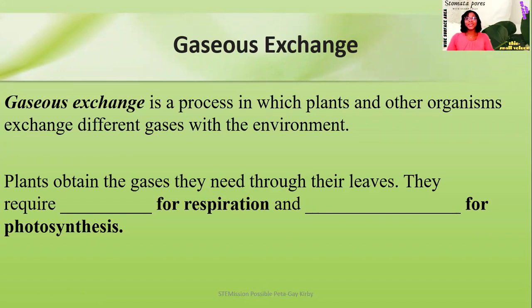Let us check your understanding. What did you place in these? What were your suggestions for these spaces? Did you put oxygen? Yes, they require oxygen for respiration. And for photosynthesis, plants require carbon dioxide.